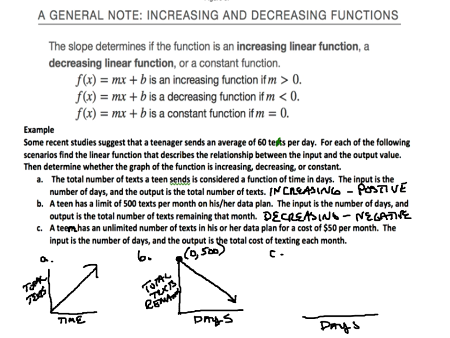The input is the number of days, and the output is the cost for texting. Well, it doesn't matter if she sends one text or 1,000 texts. It's always going to cost her $50. So this is a constant function.